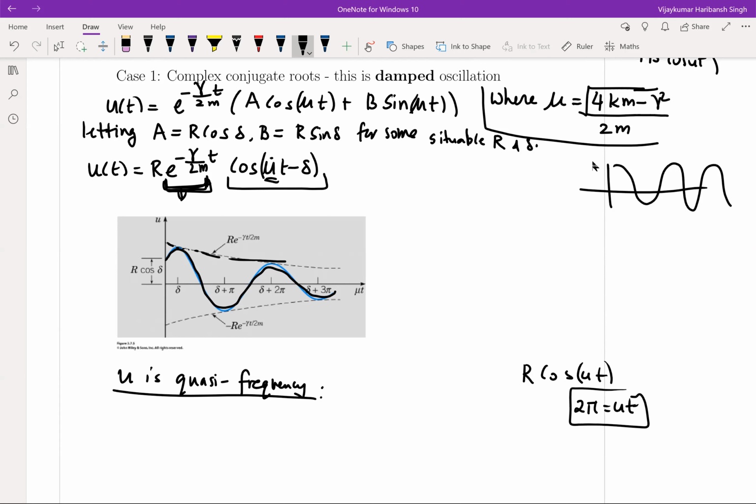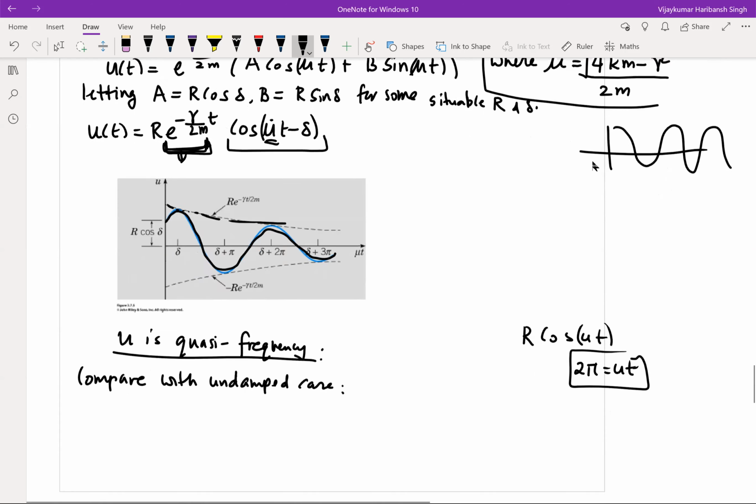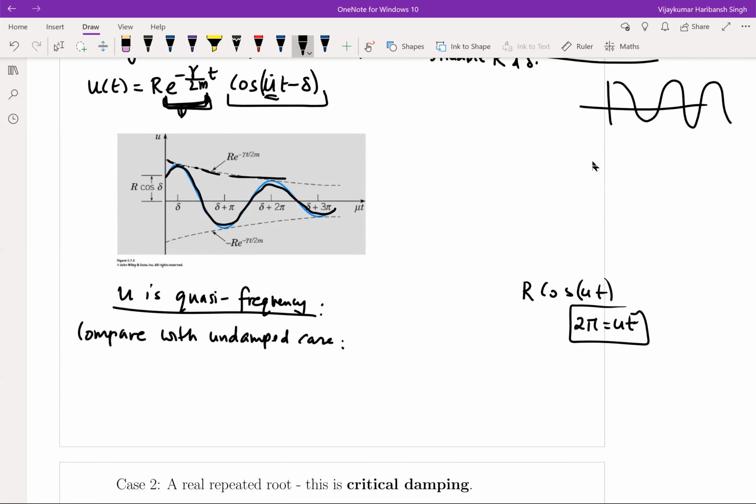Now, let's compare it with the undamped case. We'll take mu and divide it by omega naught, which comes from the undamped case.